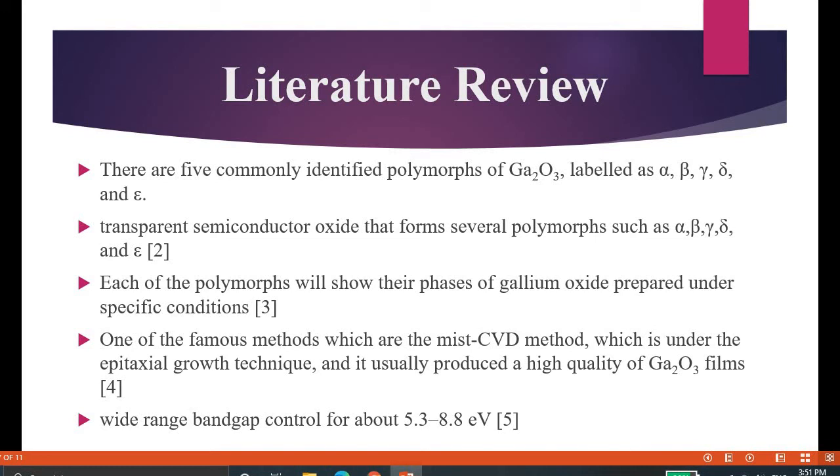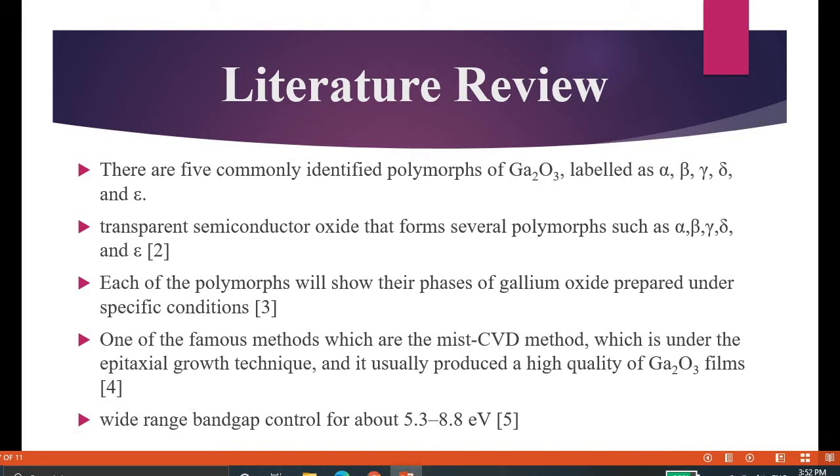As for the gamma gallium oxide, it was prepared by rapid heating of the hydroxide gel at 400 to 500 degrees Celsius. This method can produce more crystalline material compared to the solvothermal synthesis method.